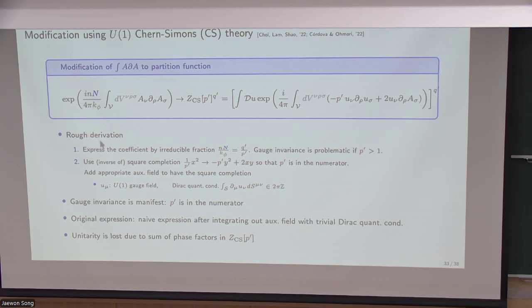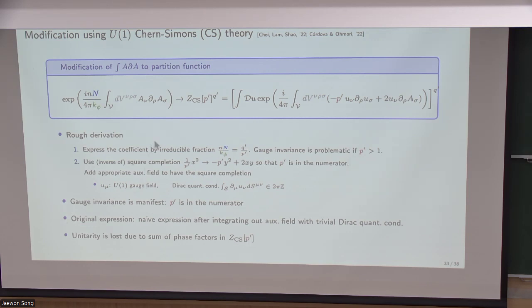We express this fractional coefficient by the irreducible fraction, and we use the inverse of the square completion so that the P prime in the denominator is in the numerator. To have this square completion, we add the auxiliary field U mu. And the gauge invariance is now manifest because P prime is in the numerator. So the original expression is just a naive expression after integrating out the auxiliary field.